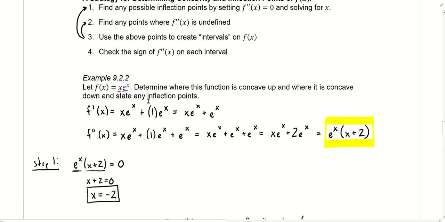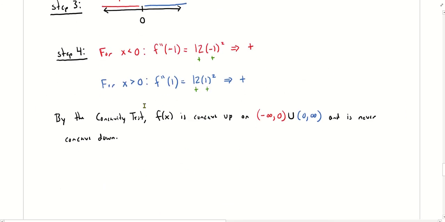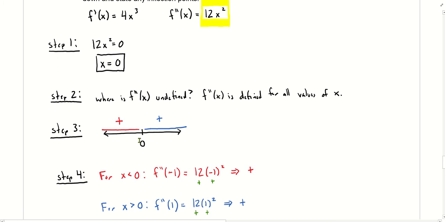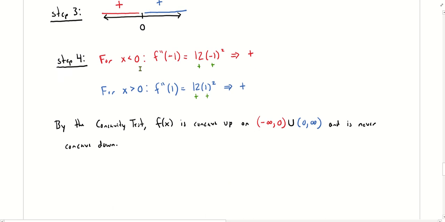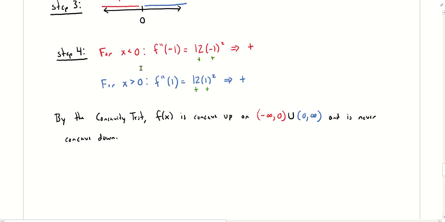So if we consider this example, let me scroll to the correct one. At 0, that's a possible inflection point, but notice that the concavity doesn't change. It stays positive across 0, which means 0 is not technically an inflection point. It's a place where an inflection point might be, but for this particular function, technically it's not. So for this example, there are no inflection points.